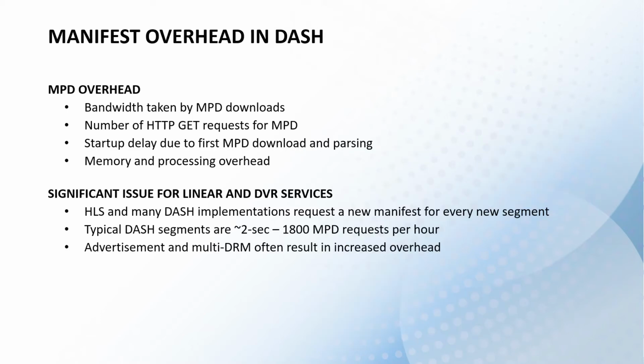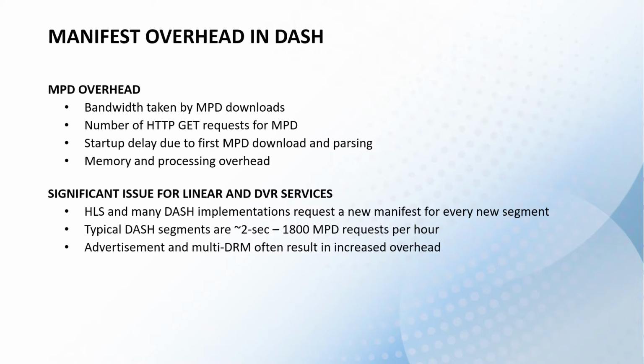So this immediately brings us to the issue of manifest overhead. Let's define it first. The most visible aspect is the bandwidth taken by the MPD downloads. Secondly, we have the number of HTTP GET requests needed to download these MPDs, and this translates into CDN load.